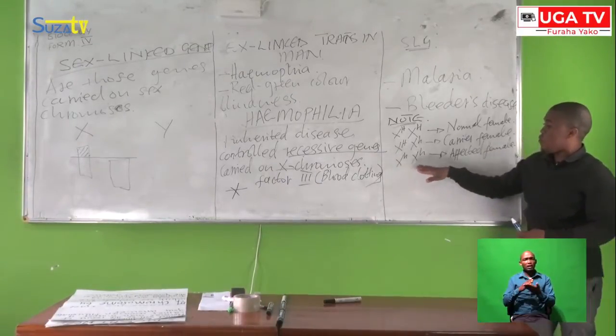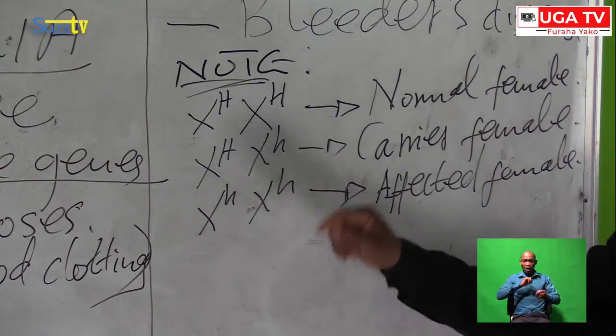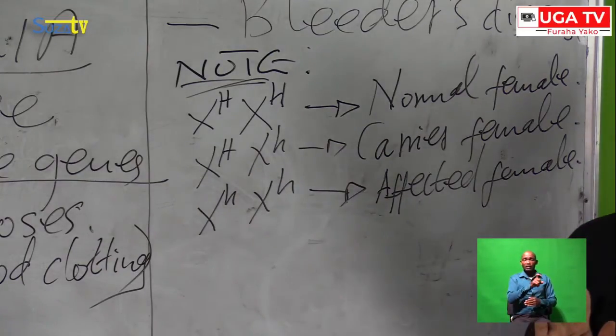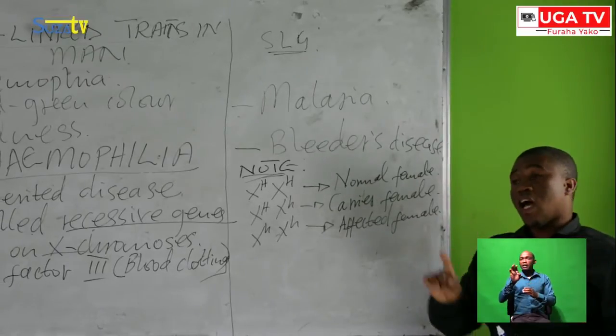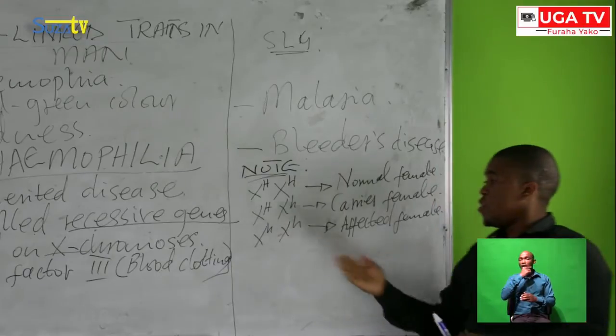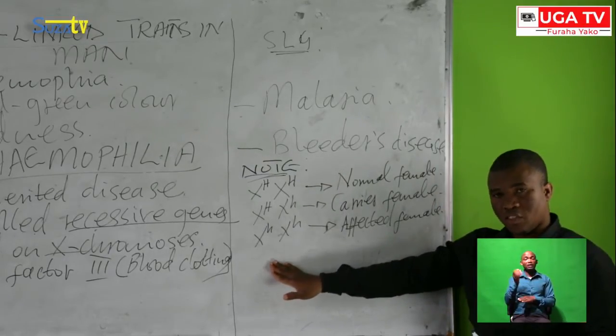In order for a female to be affected by this disease, all X chromosomes should carry recessive genes. One X chromosome will not be enough for a female to suffer from such diseases.